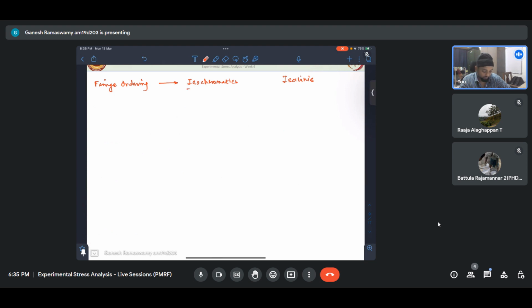If we look at the properties of isochromatics, these are sources, sinks, and saddle points. Whereas isoclinics have isotropic points and singular points.